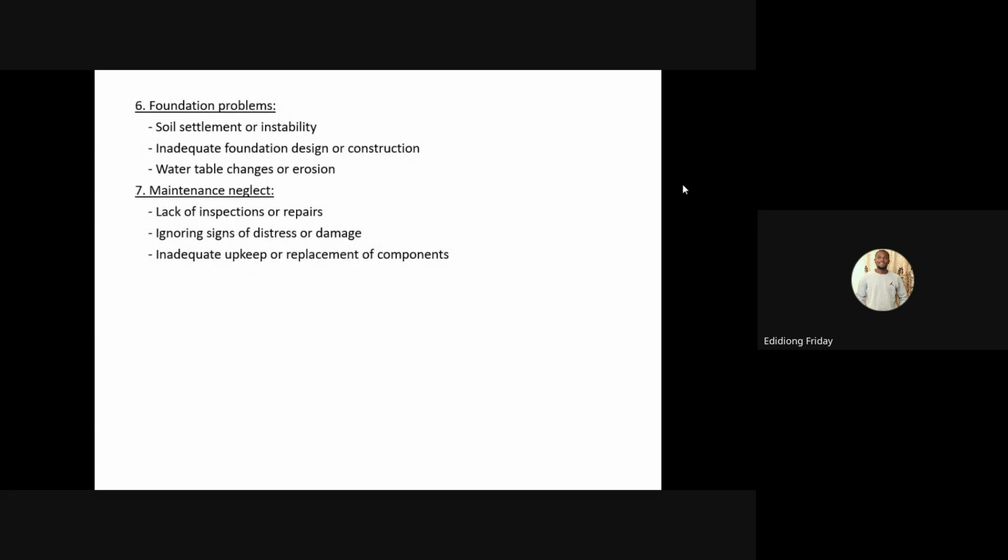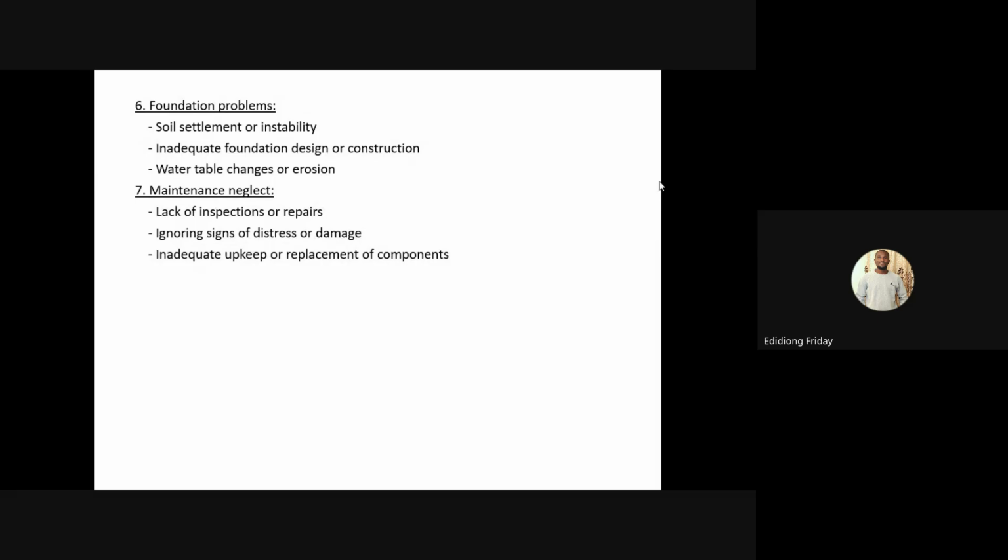You have to know if you need to add any admixtures, to make sure that your concrete can withstand all the changes in water and erosion and the saltiness and all of that. So you have to take all that into consideration. That's part of your role as a structural designer.